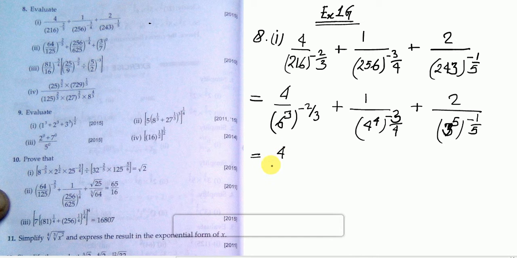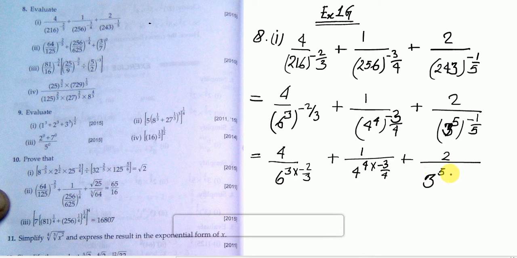Power over power, then multiply: 4 into 6 raised to the power -2/3 plus 1 by 4 raised to the power -3/4 plus 2 by 3 raised to the power 5 into -1/5.